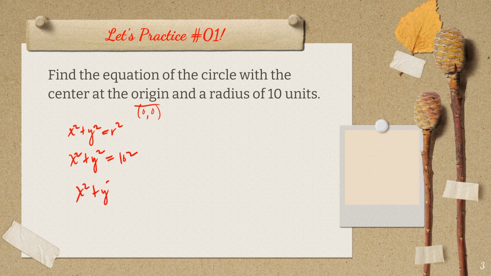Simplifying further, x^2 + y^2 = 100. Therefore, the equation of the circle is x^2 + y^2 = 100.